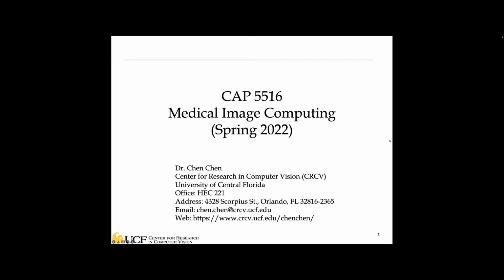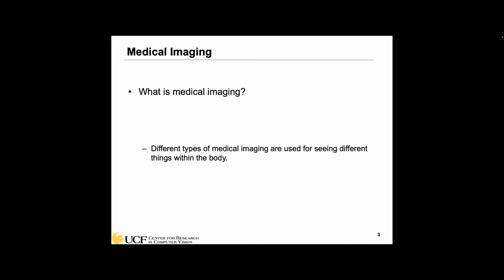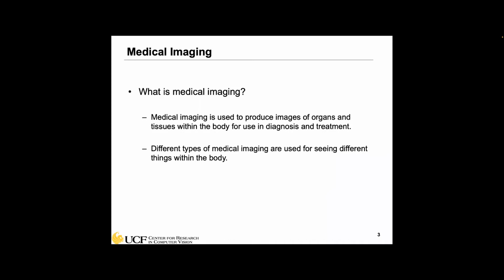All right. For today's lecture, we're going to do a quick introduction to medical image computing. This is going to be part 1. So what is medical imaging? Basically, medical imaging is used to produce images of organs and tissues within the body for use in diagnosis and treatment.